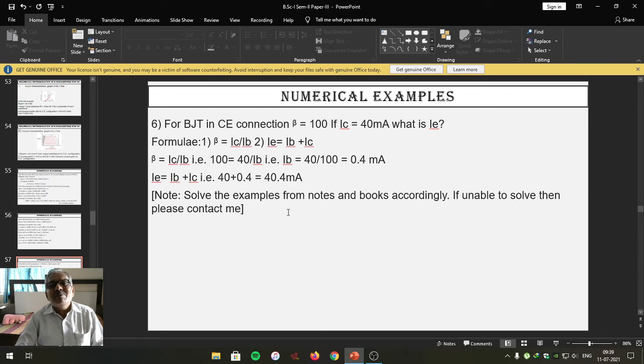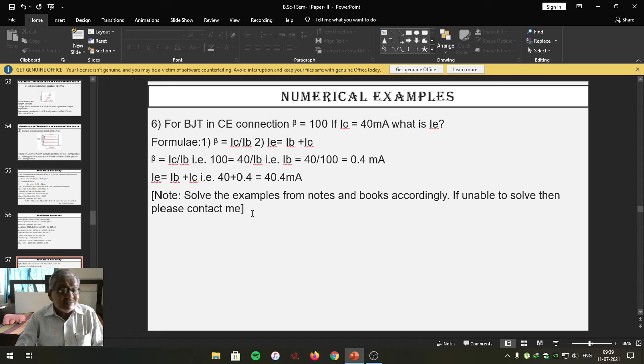The examples are available in your books. The examples are available in notes. Try to solve them. If you are getting some problems in solving the examples, please contact me. You may contact on WhatsApp group, no doubt about that.